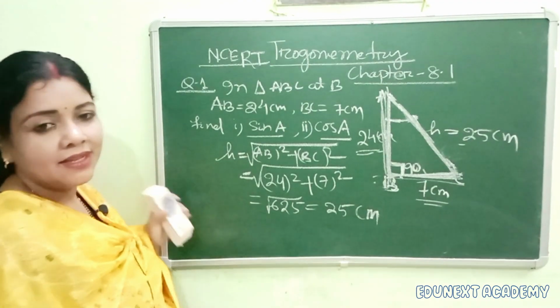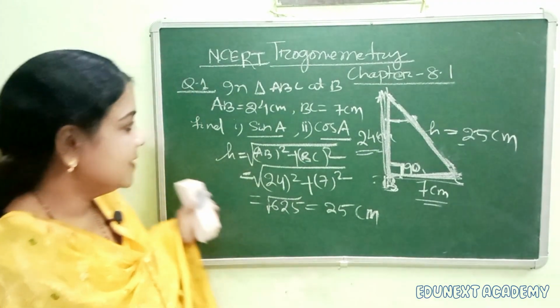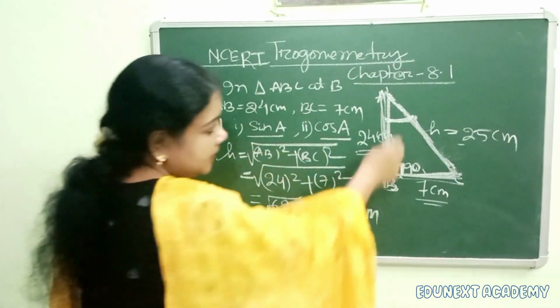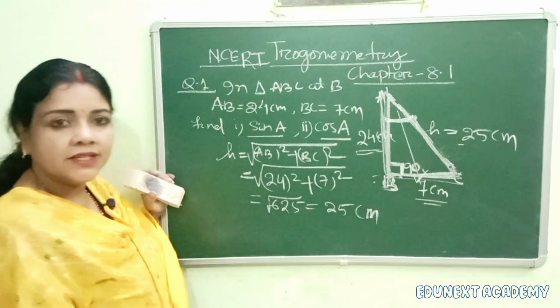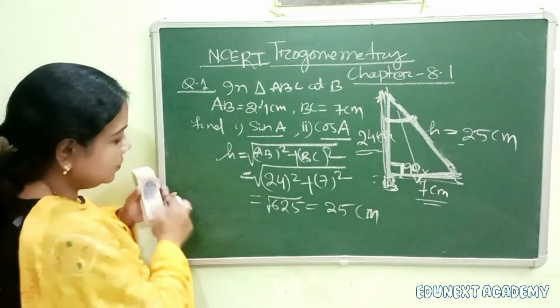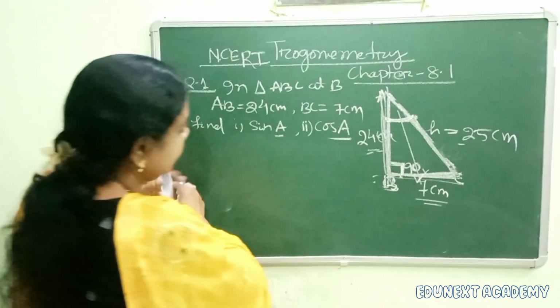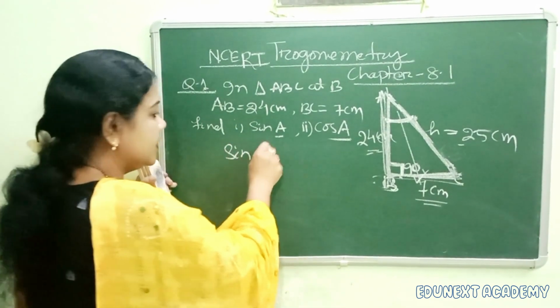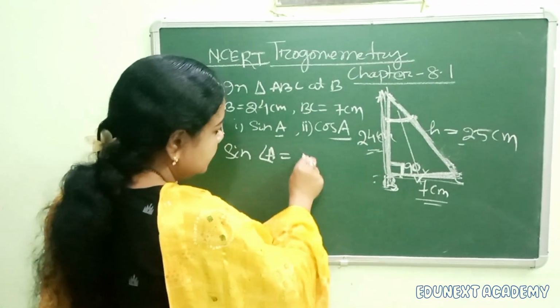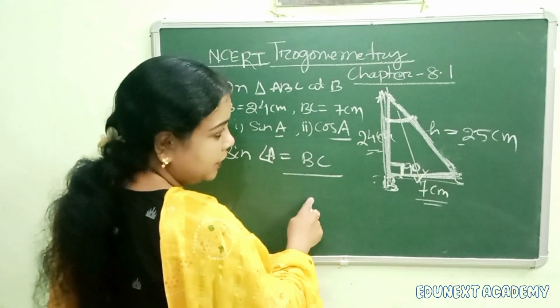Let us find sin A. Sin A means you have to consider this angle A, and you have to see what is the opposite side to the angle A. Sin of angle A is the opposite side to angle A, that is BC, divided by the hypotenuse.